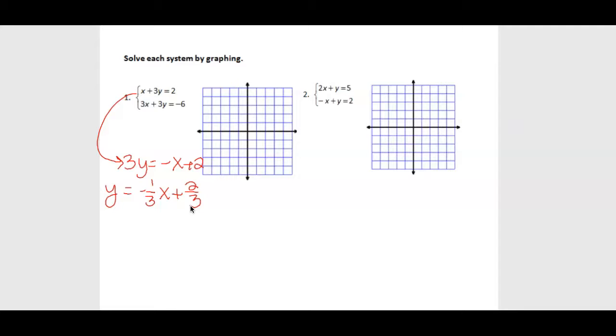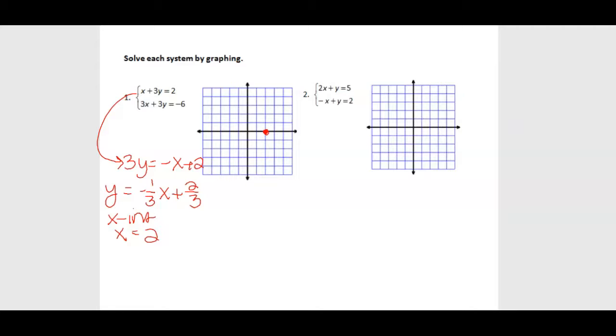So if you were to plot your x-intercept, meaning you set y equal to 0, the x-intercept gives x equals 2. So if x equals 2 and y equals 0, that's the point 2, 0. So you could actually start your graph with the x-intercept instead of the y-intercept and apply your slope from that point. So sometimes if I get a gross fractional y-intercept, I try to find a point on the graph that is nicer.